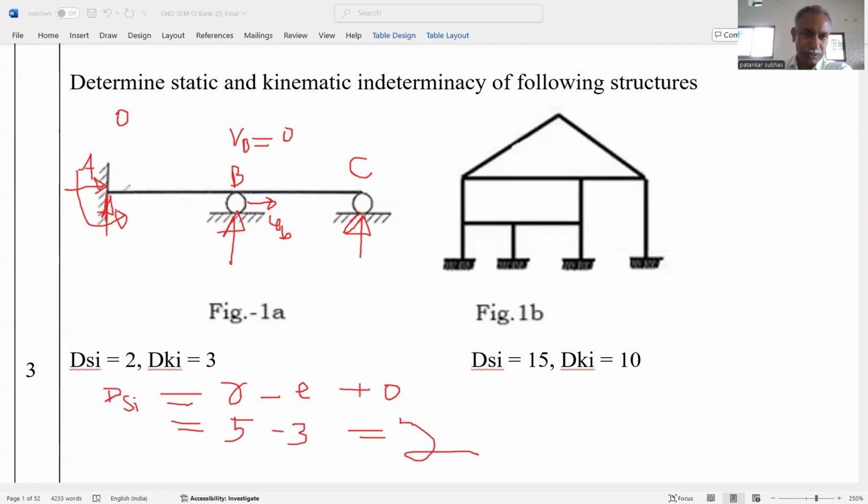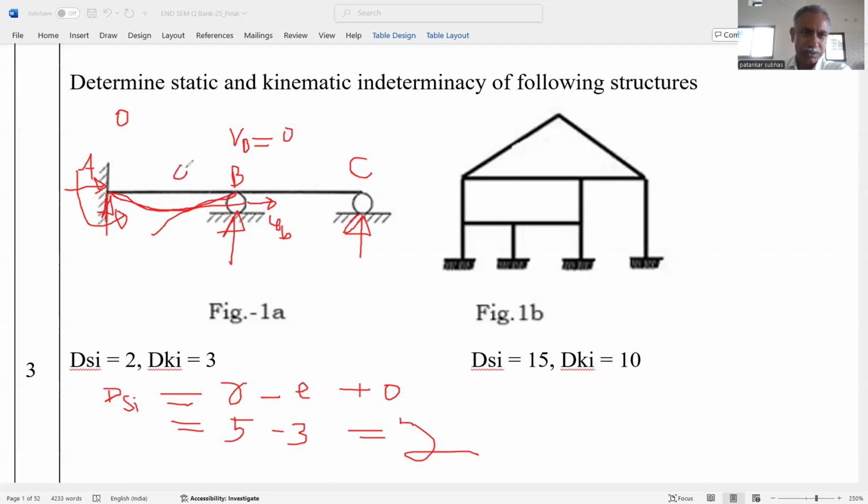But due to application of load, the beam bends like this. This is the elastic curve, and therefore theta at A is 0, but at B it is there.